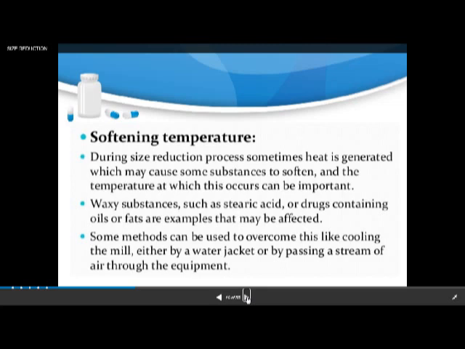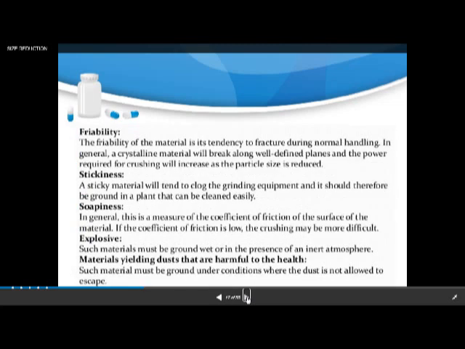Due to the generation of heat, these materials soften. Some methods are used to overcome this, like cooling the mill, or passing a stream of water. So this is again one of the factors which affects size reduction.